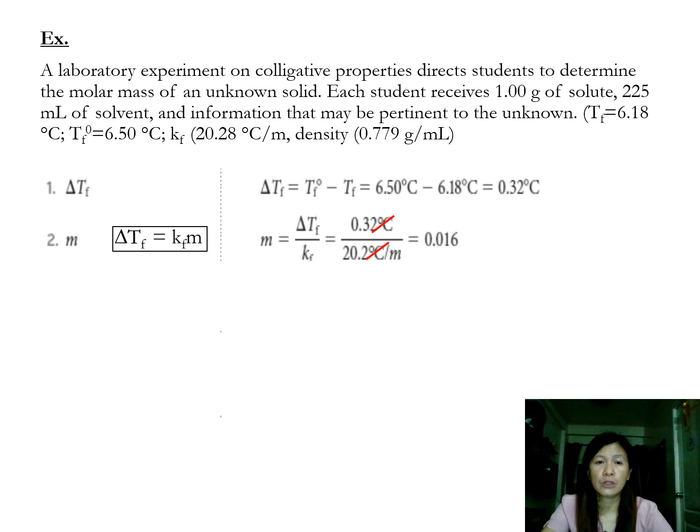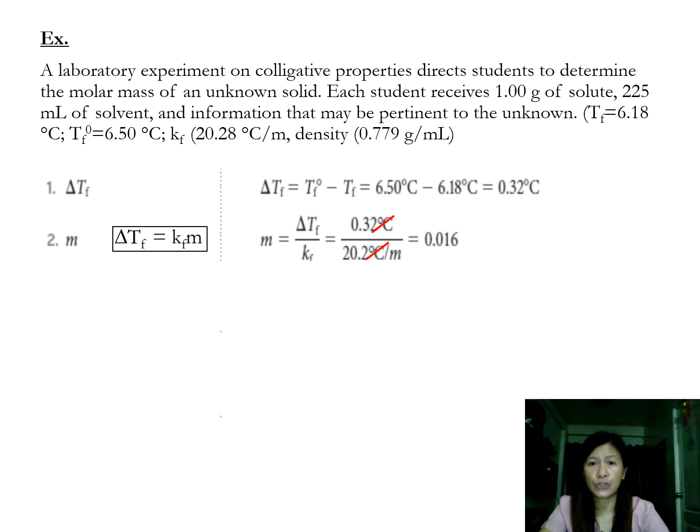Number 2 is to calculate the molality of the solution. Using the formula, the freezing point depression equals the product of freezing point depression constant and molality. We have molality derived as freezing point depression divided by the freezing point depression constant.